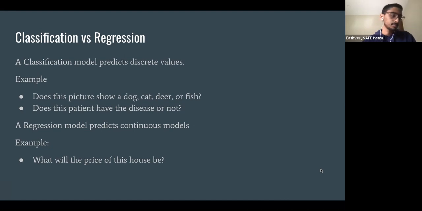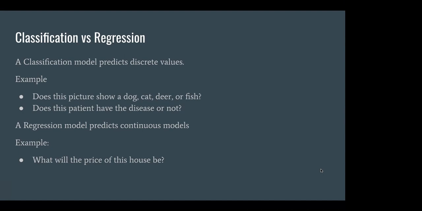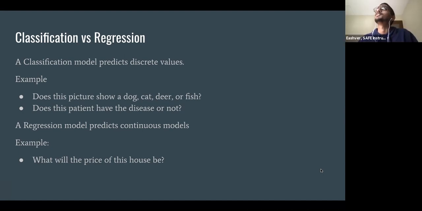Does anyone want me to go over these again? What do you mean by continuous models versus discrete values? I didn't really understand that. Oh yeah, okay. For classification, if you were predicting whether there's a dog or a cat in a picture, those are two discrete things you're predicting, right?